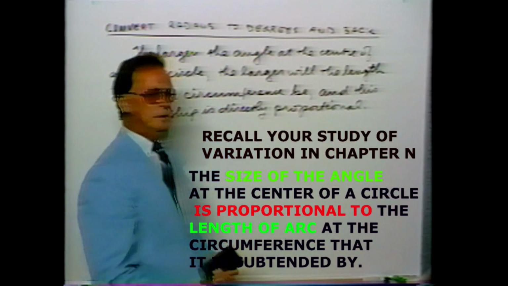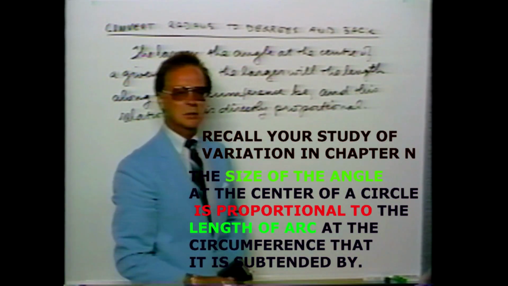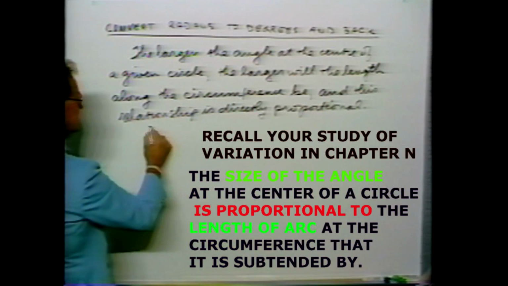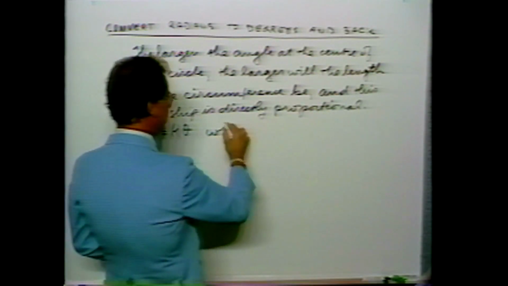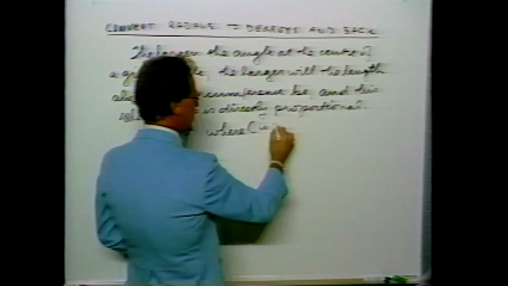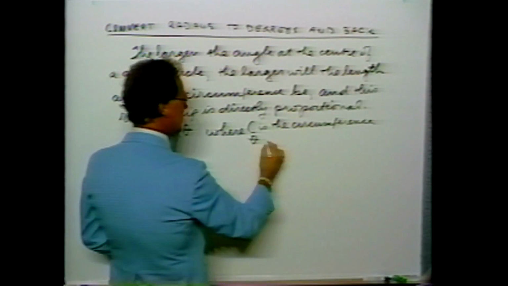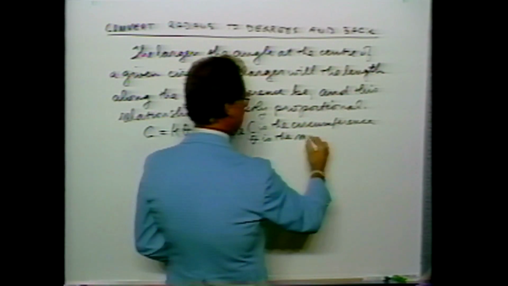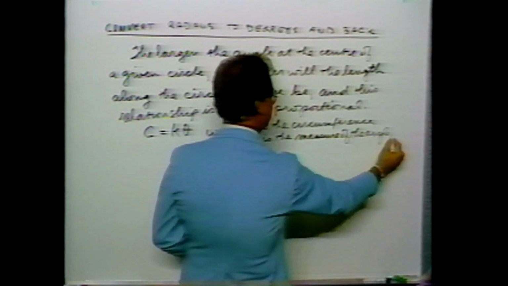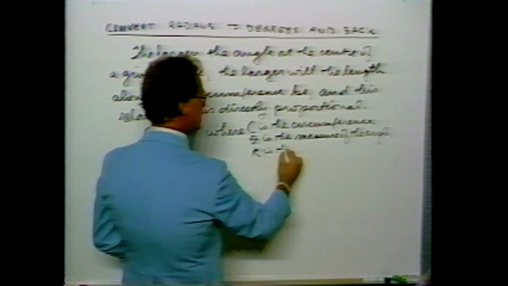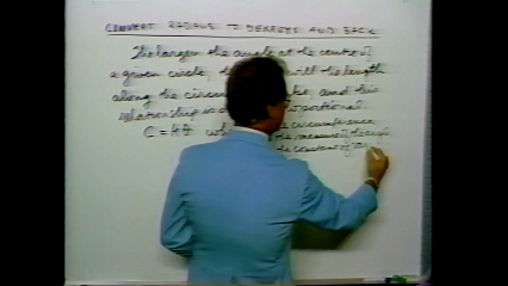For example, then, translating this English statement into mathematical symbols, we can say that C is equal to K times theta, where C is the circumference, theta is the measure of the angle at the center, and K is the constant of proportionality or of variation.